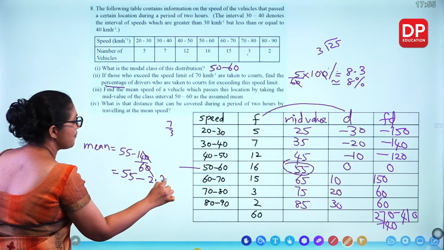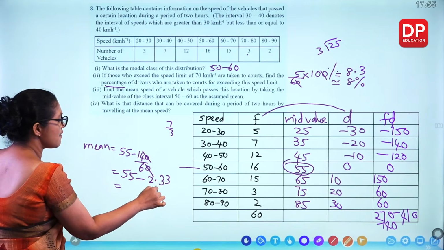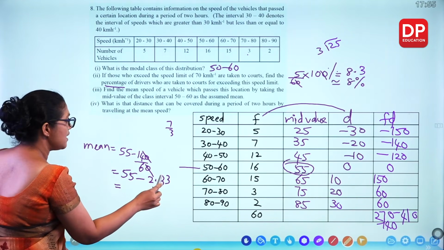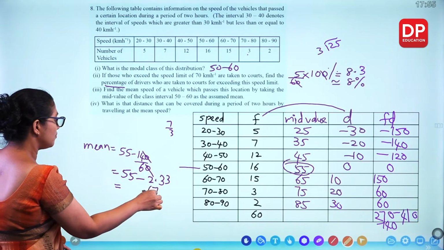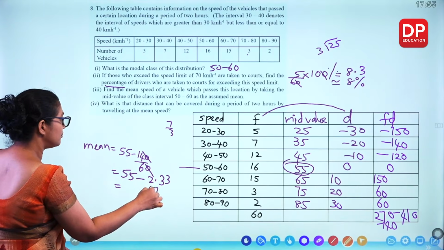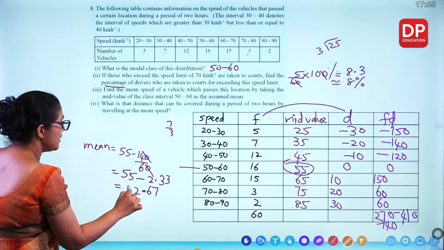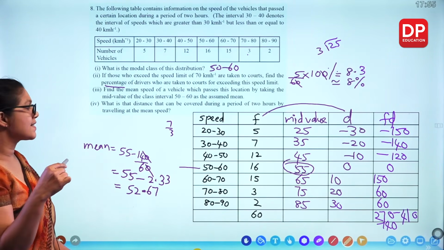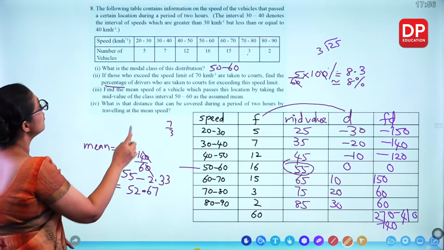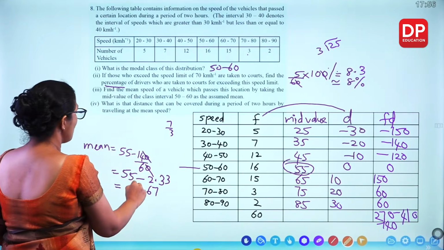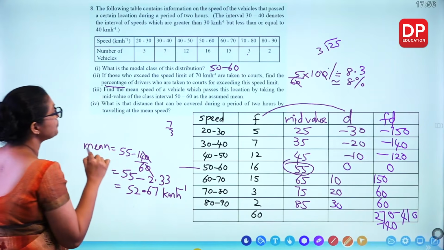So subtract, you get 52.67 is the mean value. So this is about speed. So 52.67 kilometers per hour.